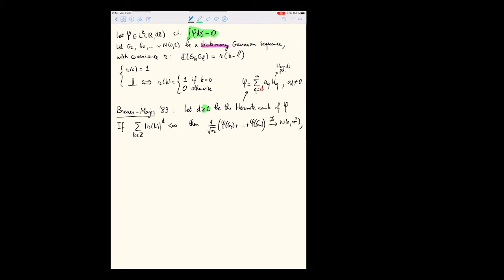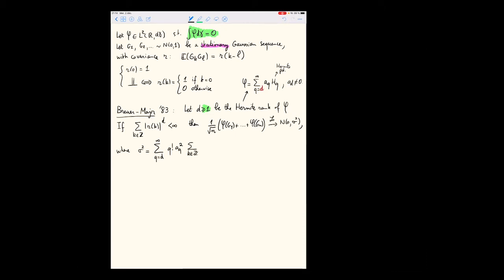with the same usual rate, 1 over square root of n, where sigma squared this time is not as easy as in the case of independence, but it is given in terms of the Hermite coefficients of phi. More precisely, we have this explicit or pseudo-explicit formula because it is given as an infinite series.